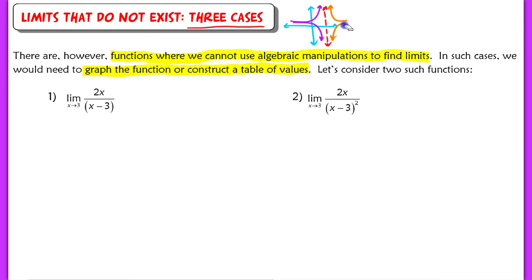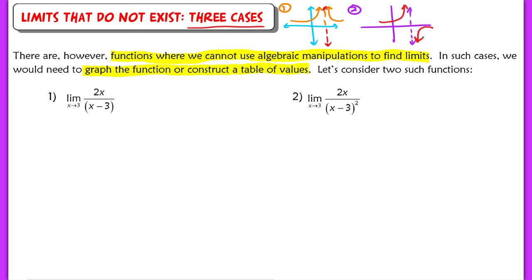Now, because of those options here, we really have three distinct cases. Case one is when from both sides of your asymptote, your function tends towards positive infinity. Case two is when, as you approach that asymptote, your function behaves in different ways. From one side, it'll go towards positive infinity, and from the other to negative infinity.